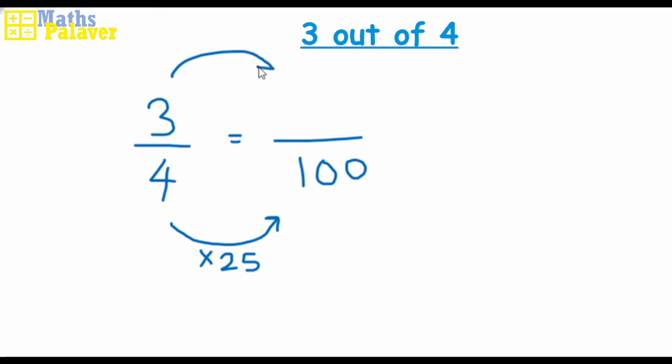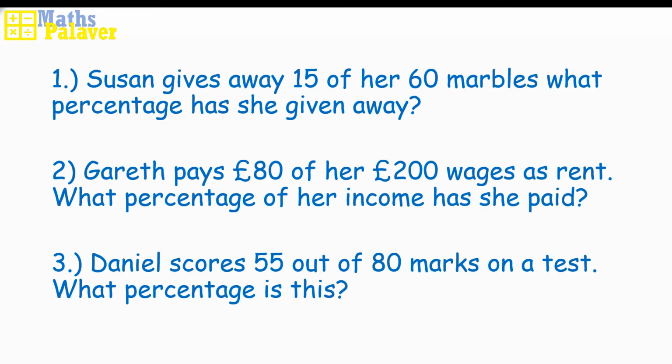And do the same to the top number. 3 times 25 is 75. So 3/4 is 75%.